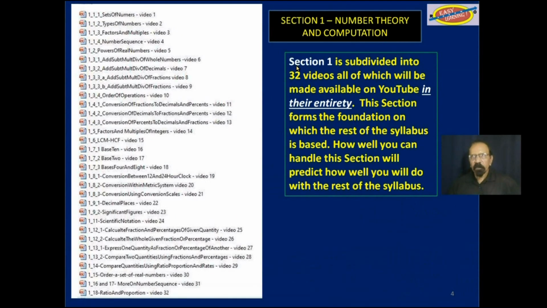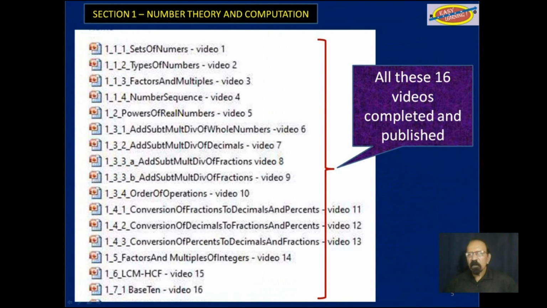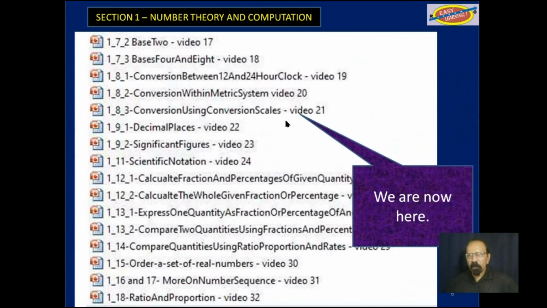I have divided section 1 into 32 videos, all of which will be published on YouTube in their entirety. So far, these 16 videos have been published, plus some more, and we are now here at video 21.